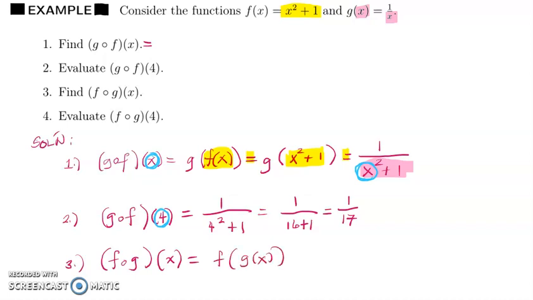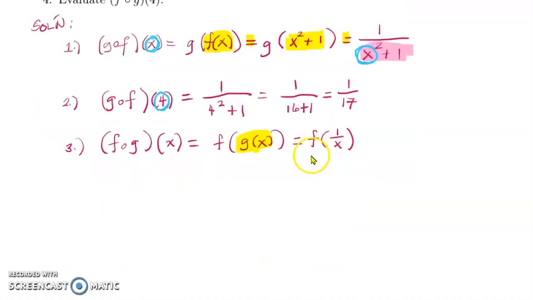So okay, ngayon nasa loob na yung g of x. Unlike kanina, kanina kasi f yung nasa loob. Ito yung nasa loob is g of x. Okay? So, ibig sabihin, we will replace yung nasa loob ng parenthesis ng g of x. And that is 1 over x by definition.